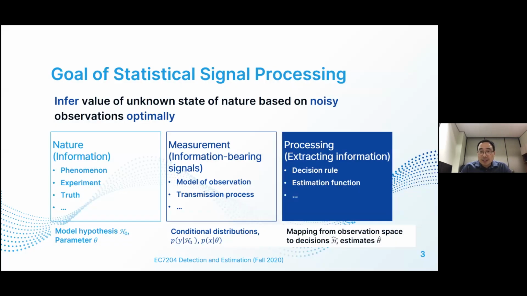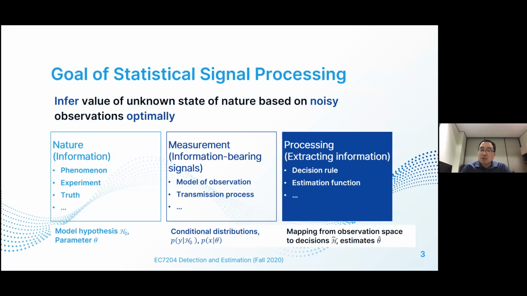A little bit more detail on the goal of statistical signal processing is this. Usually in nature, the information is hidden or unknown. It can be a state, either 0 or 1, or it can be a parameter theta we might be interested in. We want to know about that, but it is hidden and unknown, and we only have a noisy version of it.